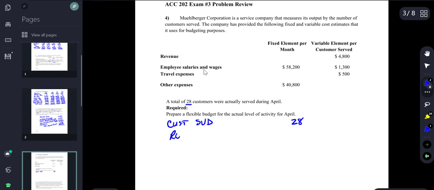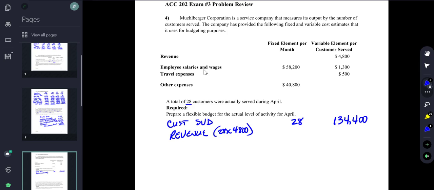So we take revenue, which is going to be 28 times 48. And that's going to be 134,400 in revenue. And then we're going to have the expenses.